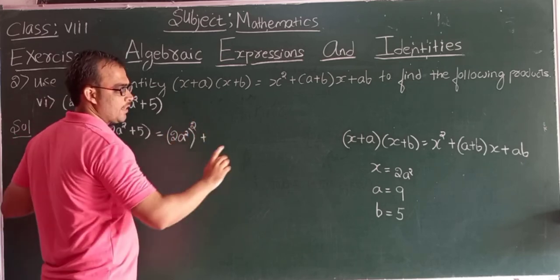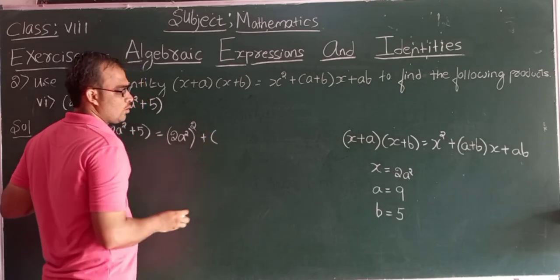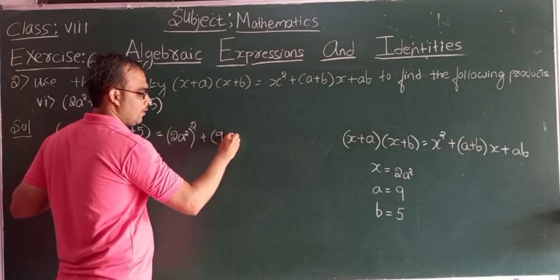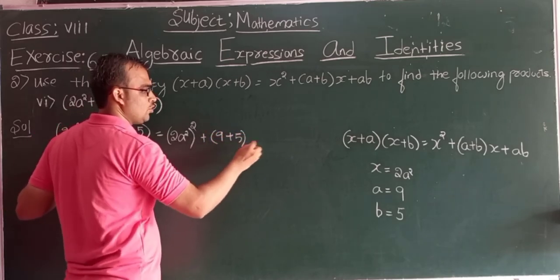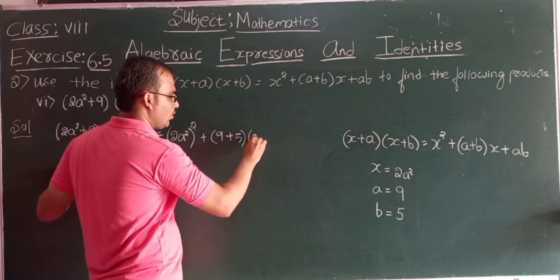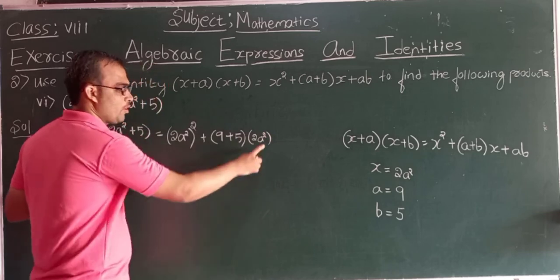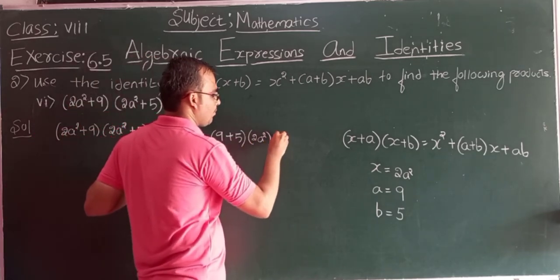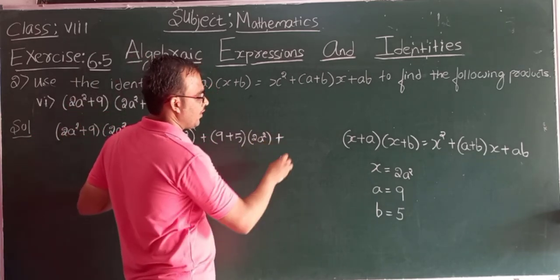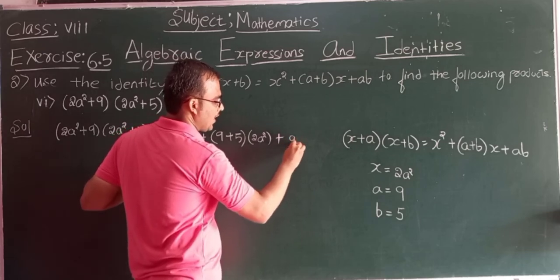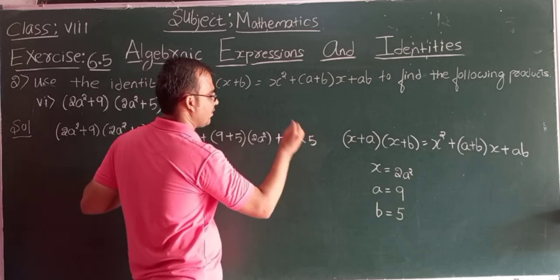Next plus a plus b, so a means 9 plus b means 5, into x. x means 2a square. Just put this one in bracket also, because here square is there. Plus a into b, so a means 9, b means 5.